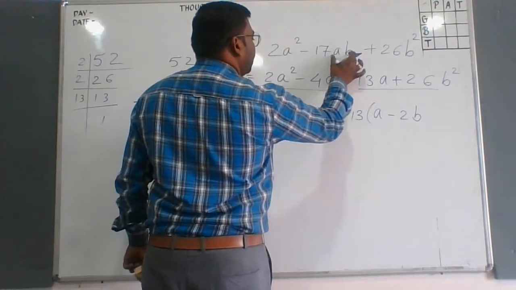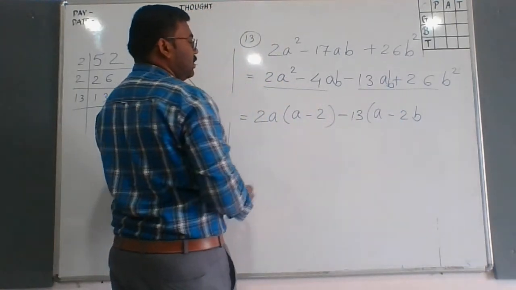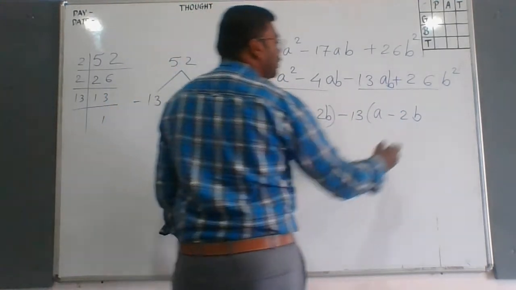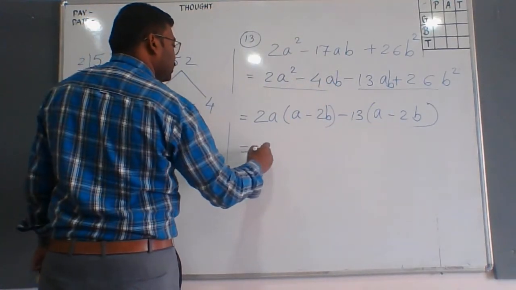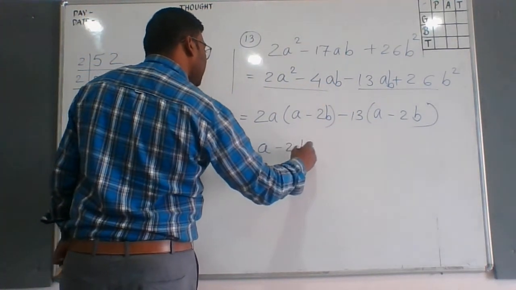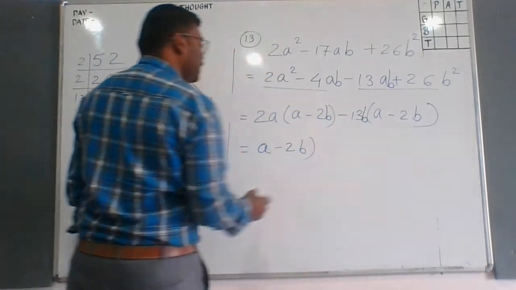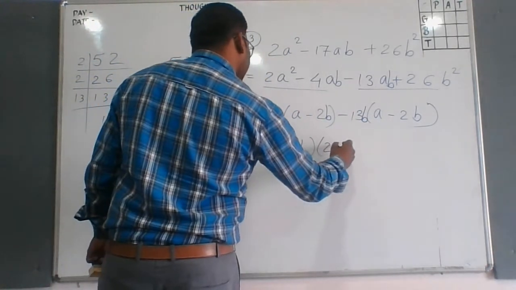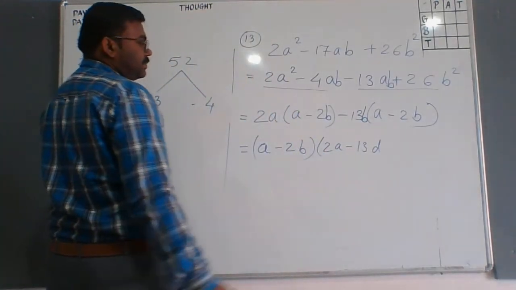See, middle term is with ab, so we will take ab here. Okay, so it becomes 2b and it will also become 2b, correct? So the two brackets are a minus 2b and common is 13b here. So 2a minus 13b. Got it?